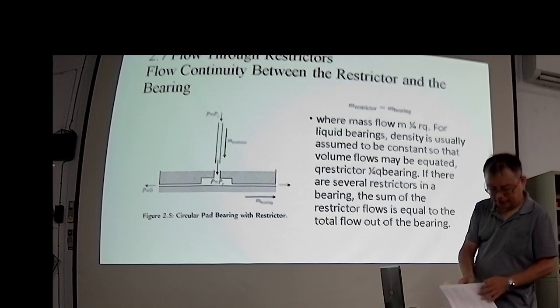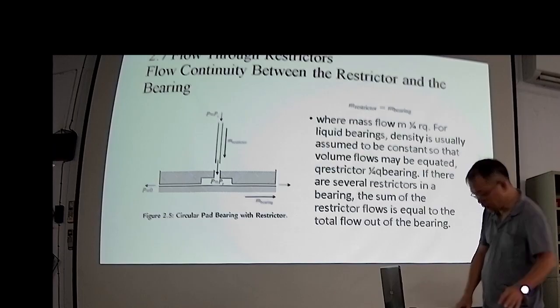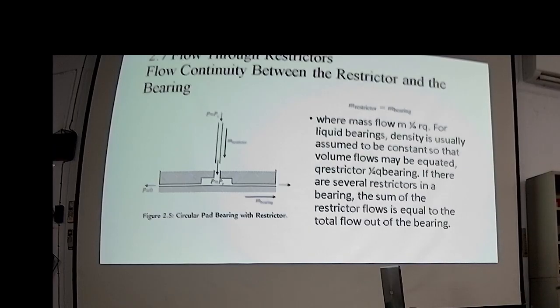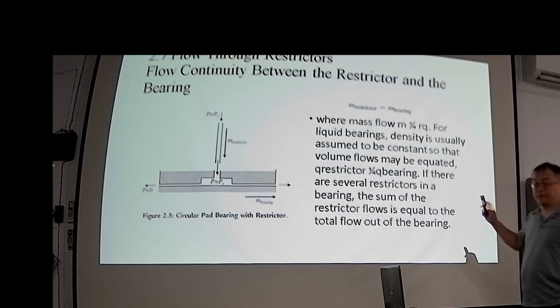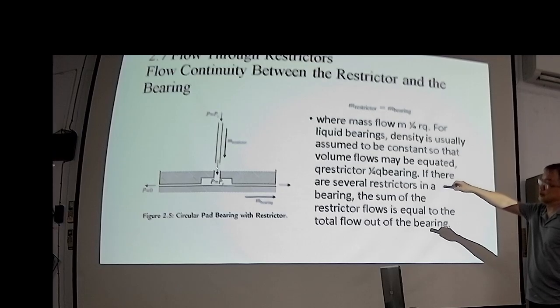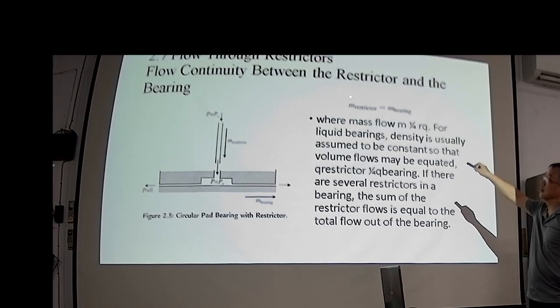So last time we talked about the conservation of mass. The mass passing through the restrictor will be equal to the mass passing through the bearing area. This is called the conservation of mass. The mass flow into the bearing equals the flow out. So M restrictor equals M bearing.